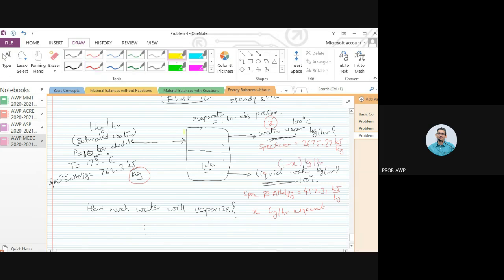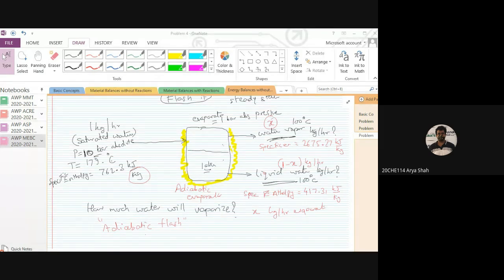And if I nicely insulate this tank, if I nicely insulate this evaporator, put a thick insulation, nice glass wool insulation, if this evaporator behaves like an adiabatic evaporator, so what we are doing is adiabatic flash. Right? Do you agree? Yes, sir.